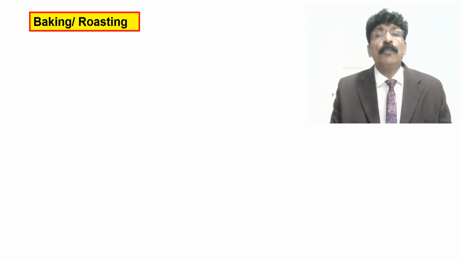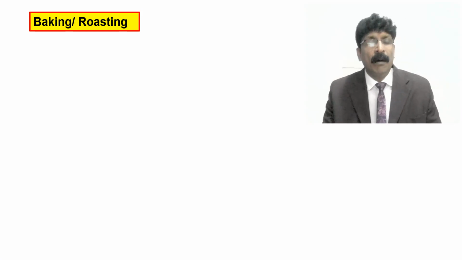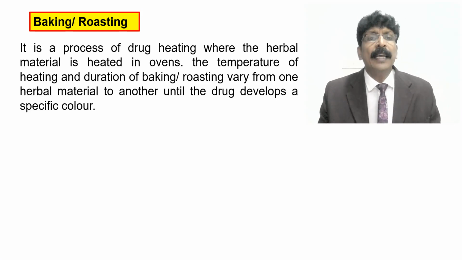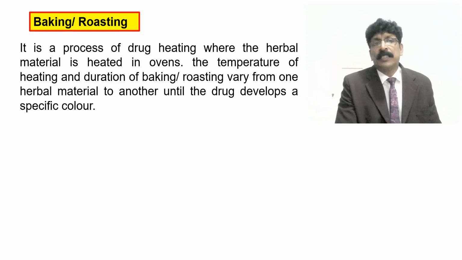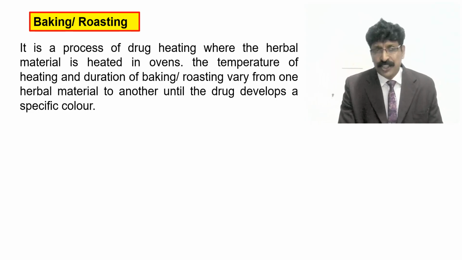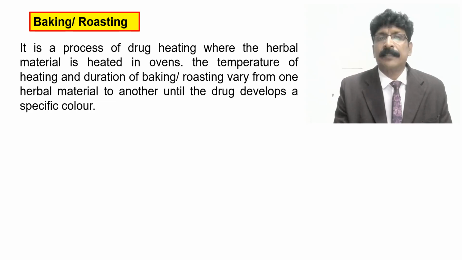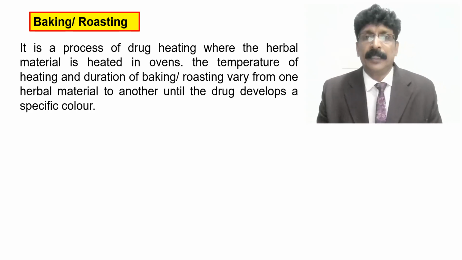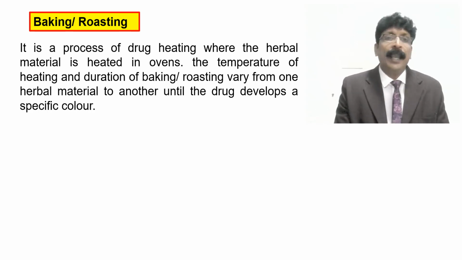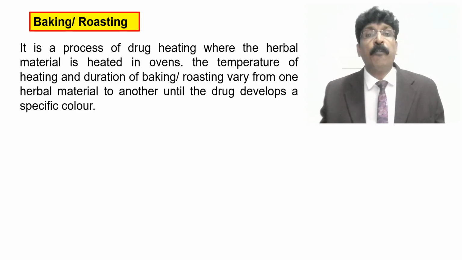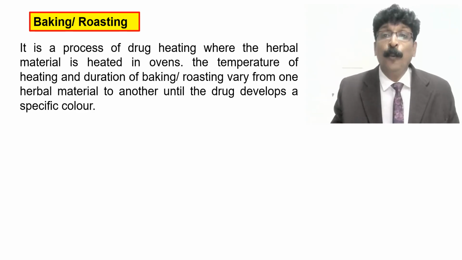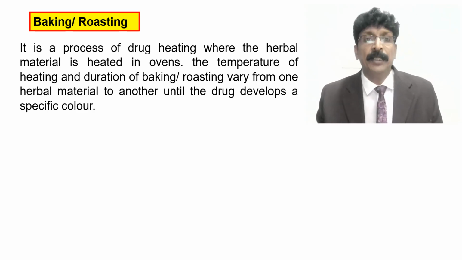Now we have to know about baking or roasting. This is a process of drug heating where the herbal material is heated in ovens. The temperature and duration of baking or roasting vary from one herbal material to another, until the drug develops a specific odor.